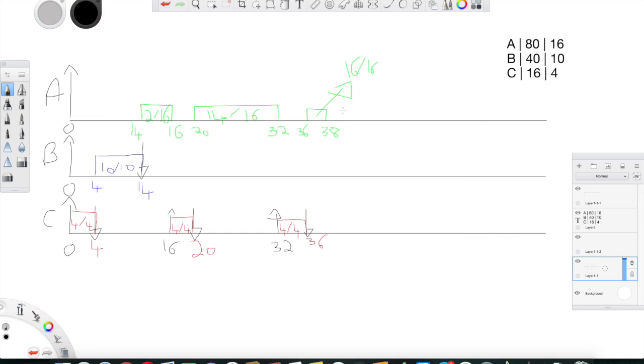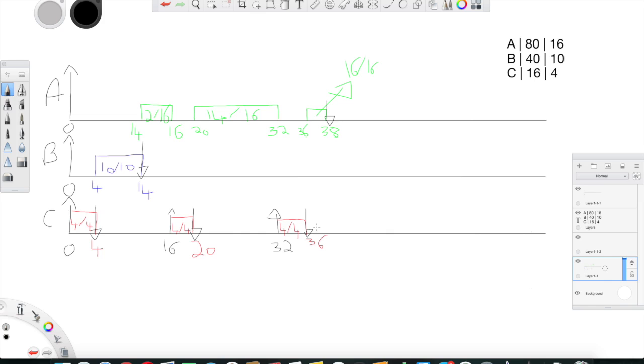I can draw a downwards arrow because task C finished its execution. So task C started at 32 and it needed 4 clock ticks, so it finished at clock tick 36. At clock tick 36, the scheduler will look at the remaining tasks ready to execute.